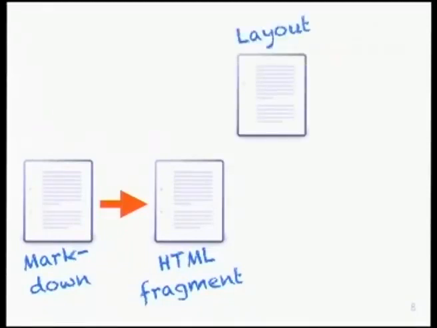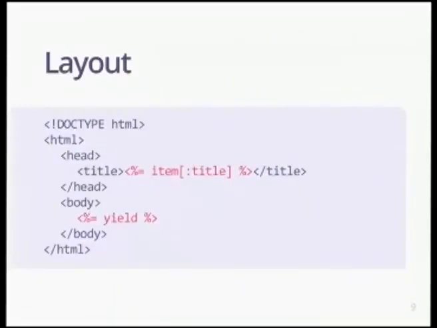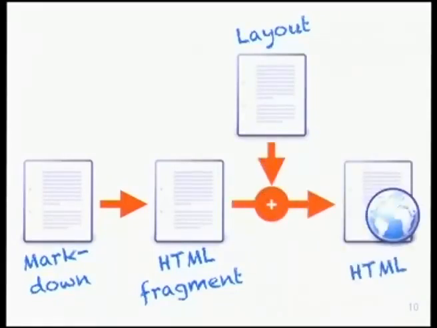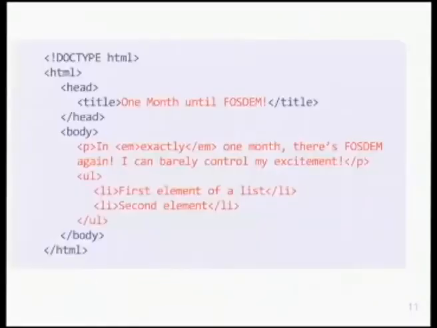And the layout looks, or could look, a bit like this. This is a really, really basic example. So at the point where there's a yield statement, that's where the content is going to be inserted. So you have the HTML fragment and the layout, and both of them will be combined together in order to form the final HTML document.